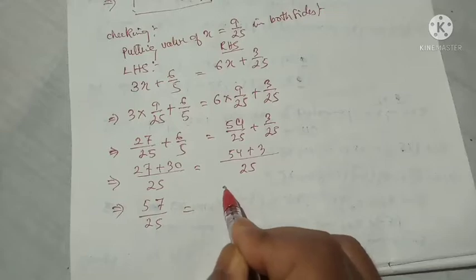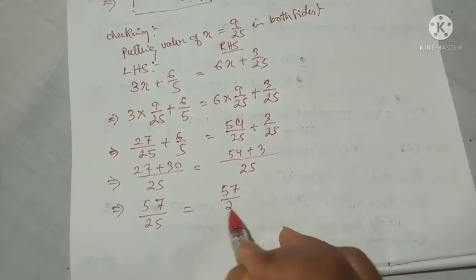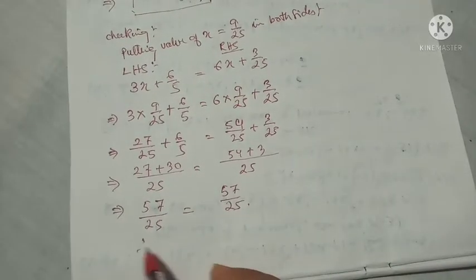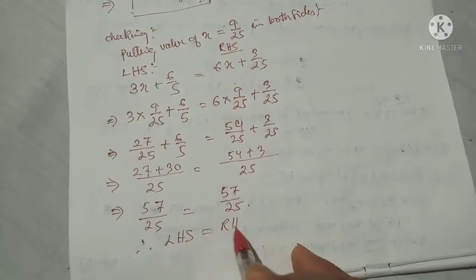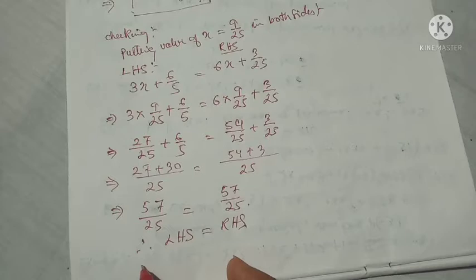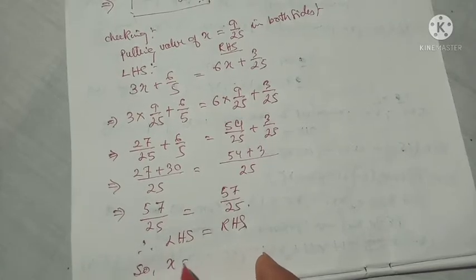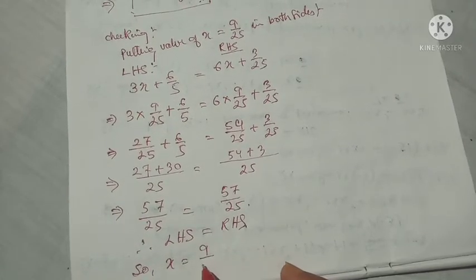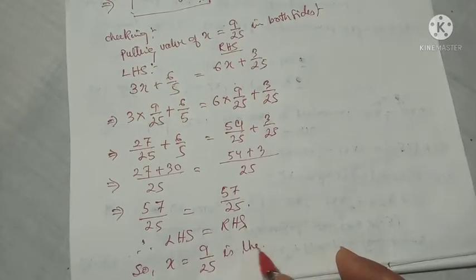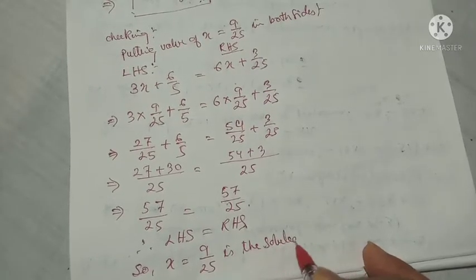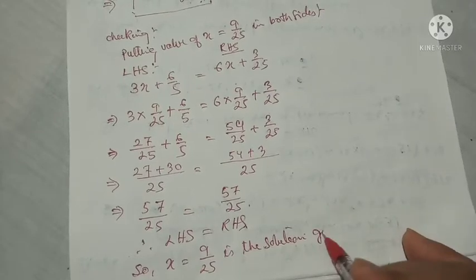Here in this case also 57 by 25. That means the left hand side is equal to the right hand side. It means that x equal to 9 by 25 is the solution of the given equation.